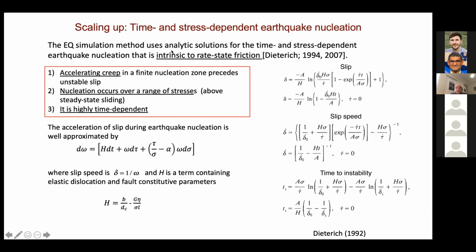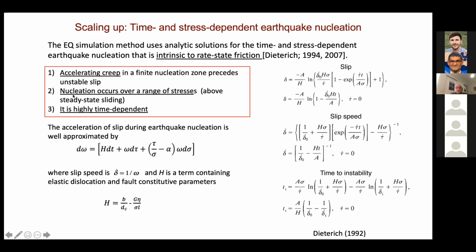One is that when we use those equations with models for the onset of unstable slip, in this case, earthquakes, we find that there's a period of accelerating creep prior to instability, always, and that instead of a single threshold stress for the onset of unstable slip, there's a wide range of stresses.